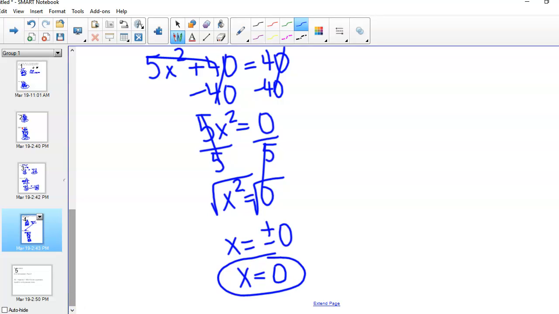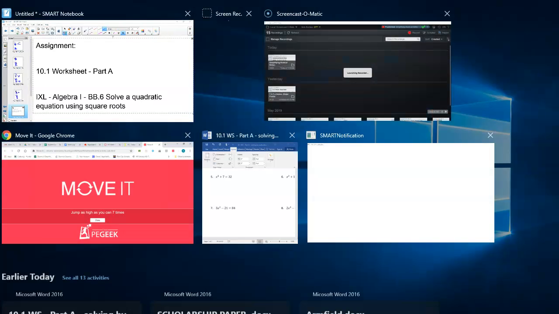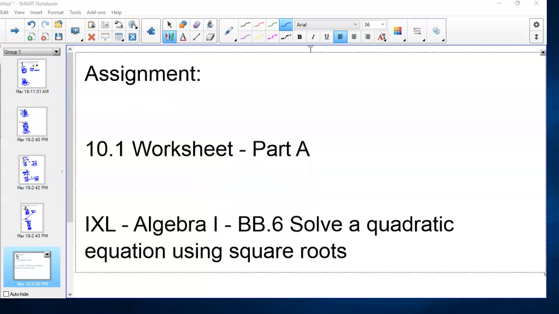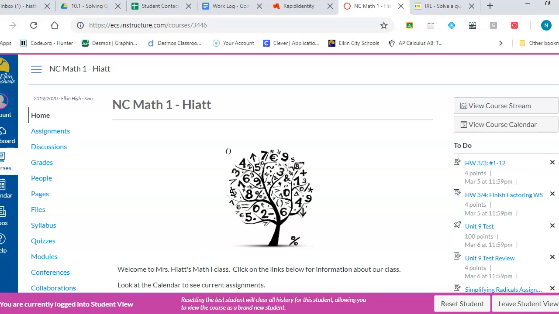All right, so the assignment that's going to go with these notes, there's two parts. The first part is you're going to do a worksheet that I've posted to Canvas, and I will show you what that looks like there. If you will go to Canvas, let me pull up Canvas here, and you should be accessing all of this through modules, although you can go to assignments as well.